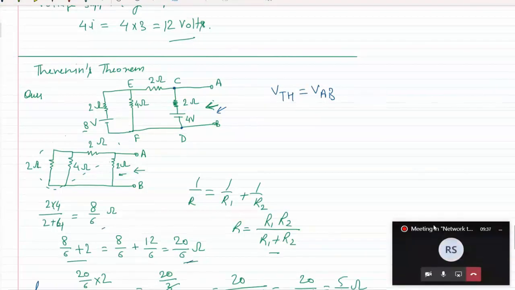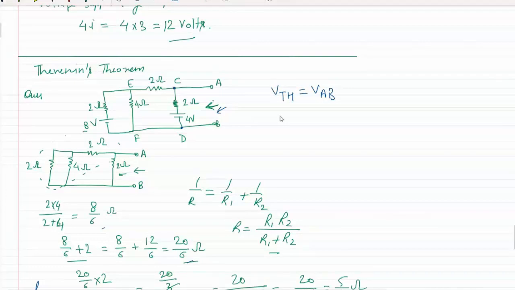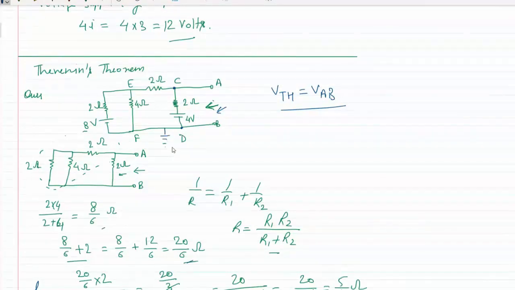That is clear because here we want to calculate Thevenin's voltage, so the difference of voltage between A and B is Thevenin's voltage. And whatever the voltage difference between A and B, that is across C and D only, because the same voltage is there. So we assume ground here. Always we do it like that: at the bottom point, we should assume ground. It is simpler.